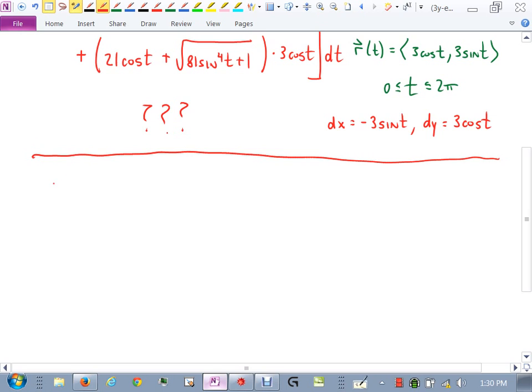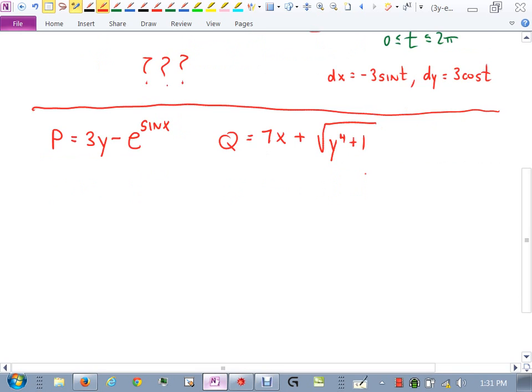If we use Green's theorem, what's P? 3y minus e to the sine x. What's Q? 7x plus the square root of y to the fourth plus 1. And then our line integral becomes a double integral over D of partial Q with respect to x.